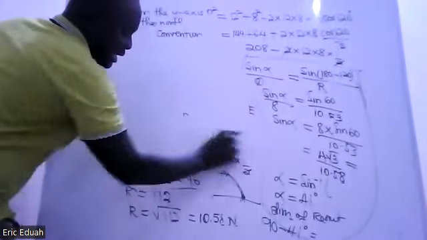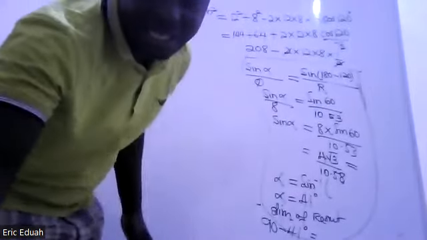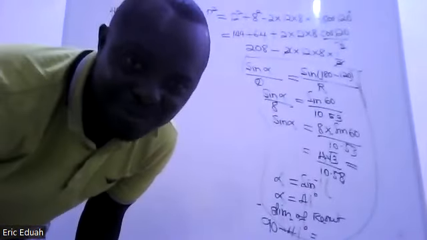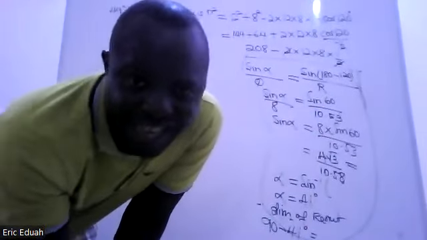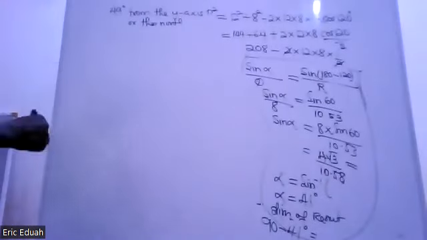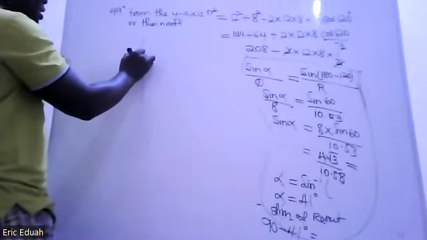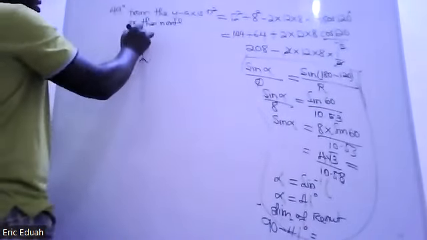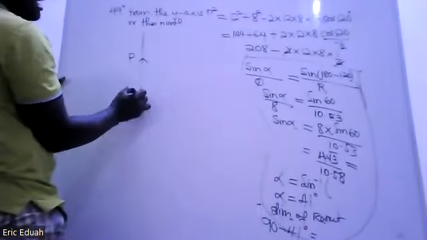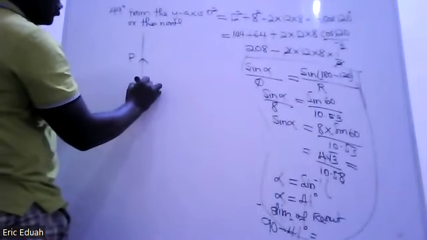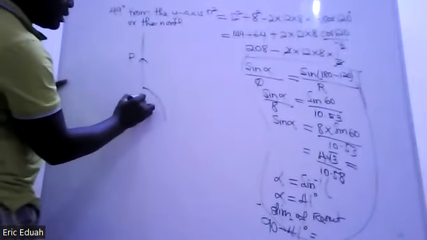In the question we just saw, we were only told that the angle between the two forces must be 120. We were not told whether the angle should be taken from X or Y. So somebody can also place one of them on B here on the Y axis. Then from the Y axis, I draw an angle of 120.